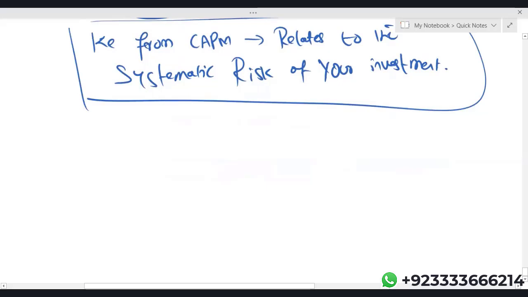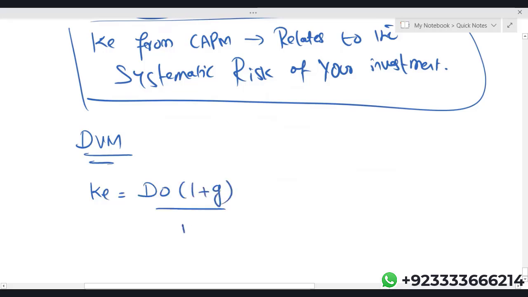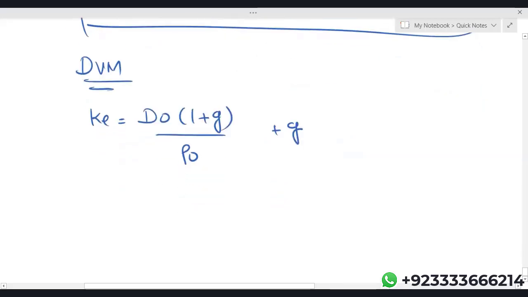Now, another way to calculate KE is from the dividend valuation model. Simply, K is equal to D naught 1 plus G upon P naught plus G. Never make one mistake, never. There are a few mistakes which I have covered in a proper video.